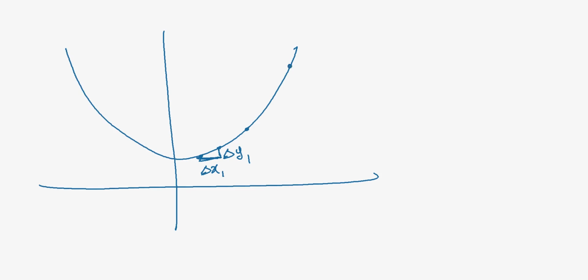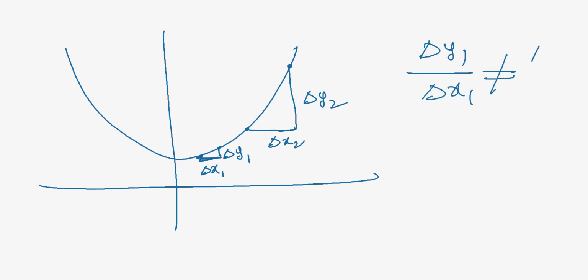But if you take a point here and a point here, delta x2, delta y2, in this case they won't be equal. Do you get that? Yes. What I mean is delta y1 divided by delta x1 will not be equal to delta y2 divided by delta x2, because it is not changing at a constant rate. Yes. You get this? Yes.